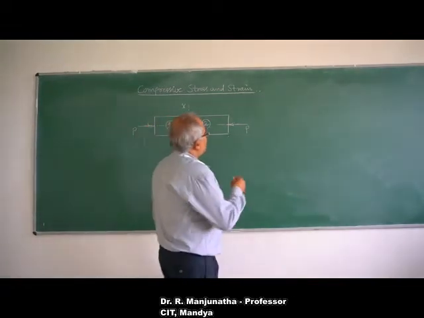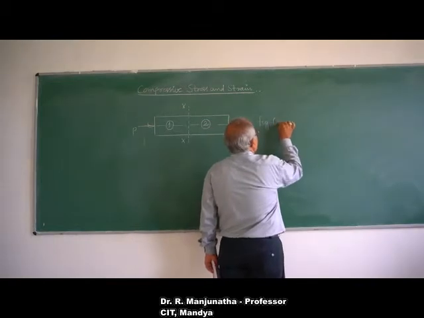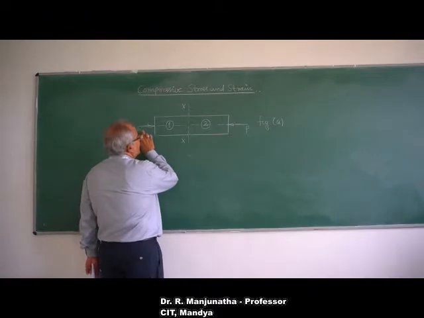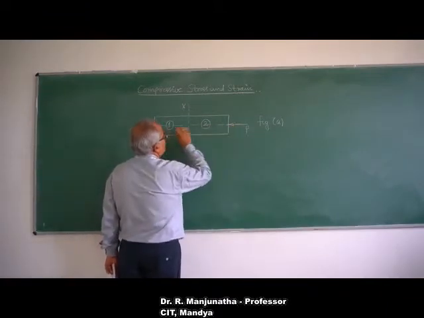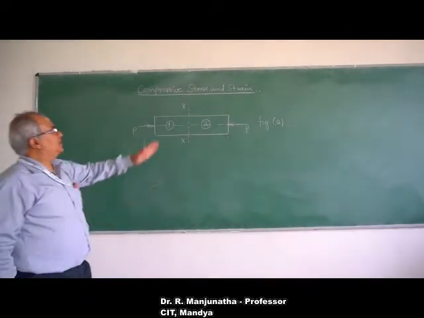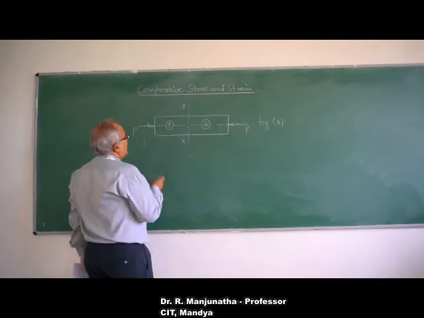Now here is a figure which shows a member subjected to a compressive load P, capital P, on either side, both towards each other. When you consider the section at this point, we have two members.